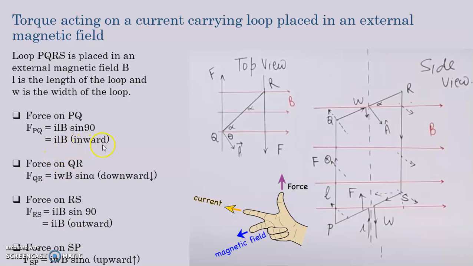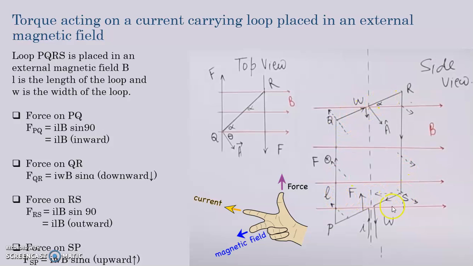One is in inward direction, other is in outward direction. Also, force on QR and force on SP is equal and opposite to each other. That is, one is downward and other is upward. So all these forces will cancel out each other and this coil will have no linear motion.